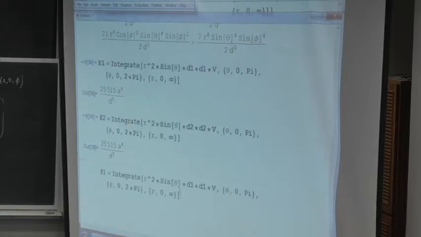Now let's look at d3. I get a different energy this time. The d3 orbital has a different energy than d1 and d2. Previously, all 5 of these orbitals had the same energy.